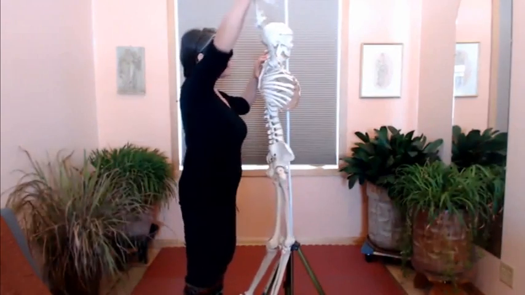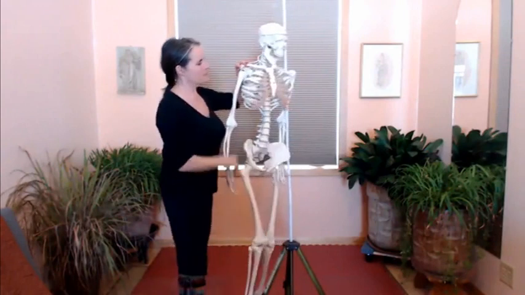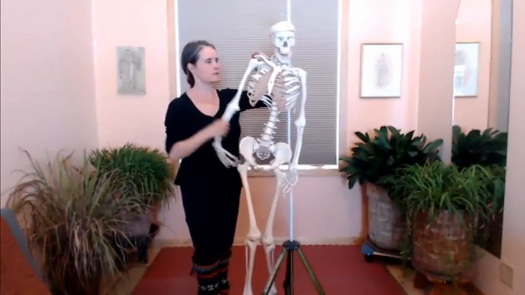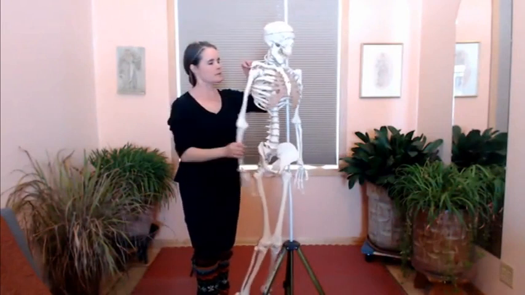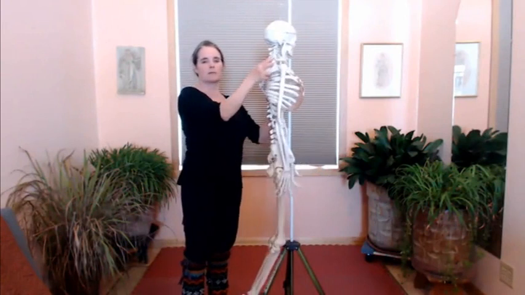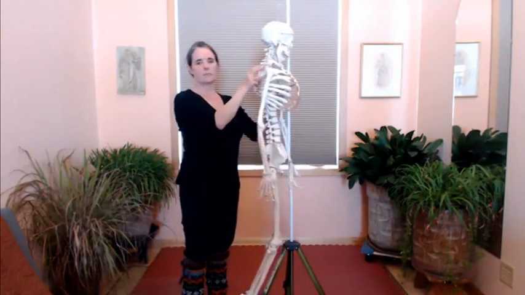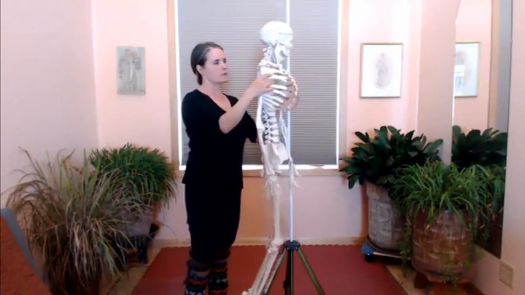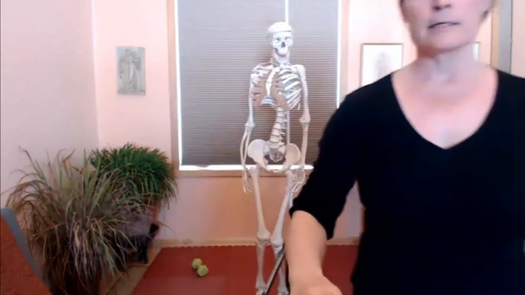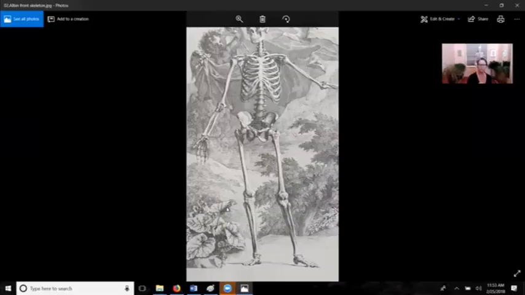And that whole structure is attached to the torso only where the collarbone meets the sternum. The shoulder blade is floating in a sea of muscle. It's freely mobile. So let's look at a couple of pictures of this to just get it even clearer.